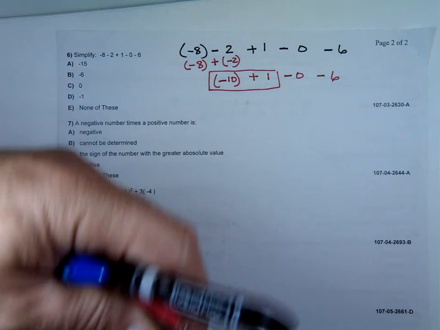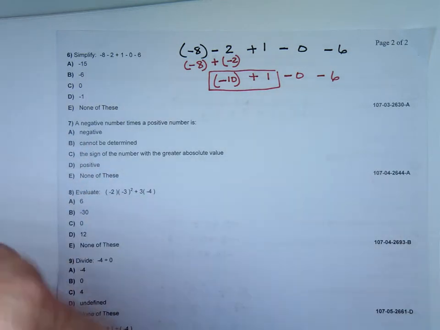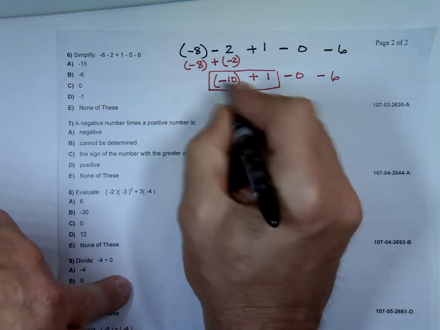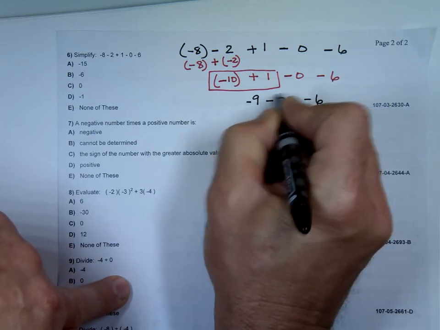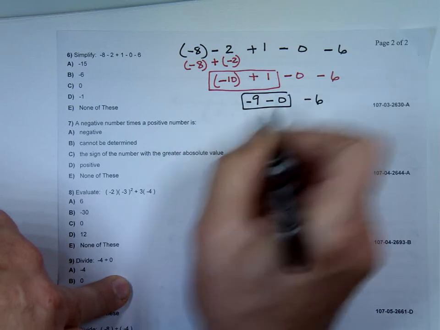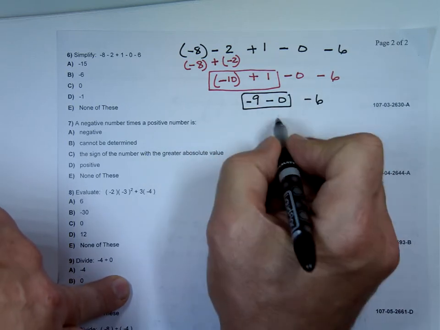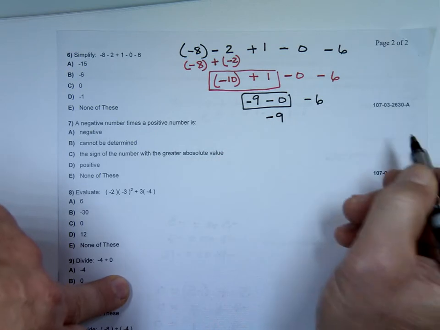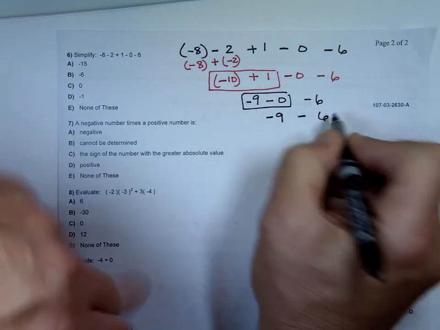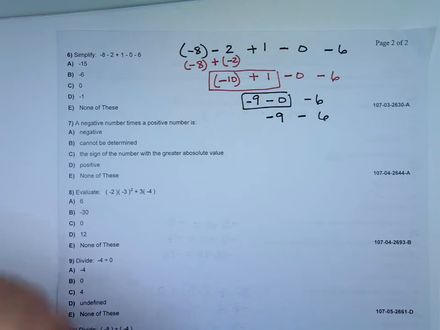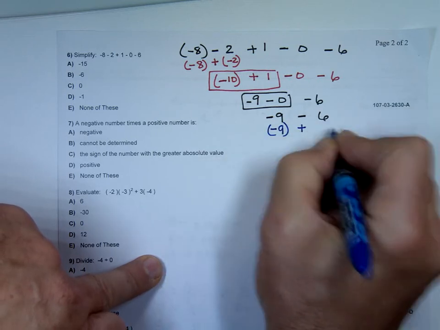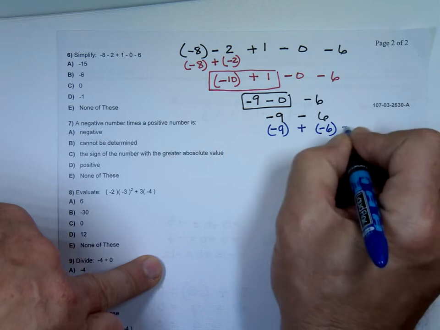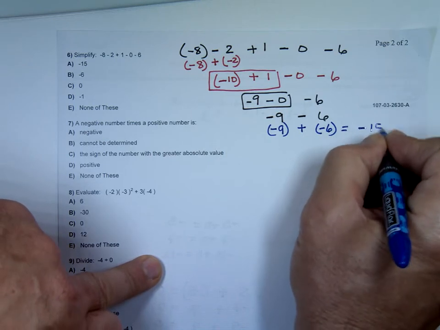Different signs, let's subtract. 1 from 10 is 9, and the sign is going to be negative. -9, take away 0 from it, still -9. Minus the 6. Again, the minus is going to be changed to a plus. Keep, change, change. And what's the answer? -15, is it?